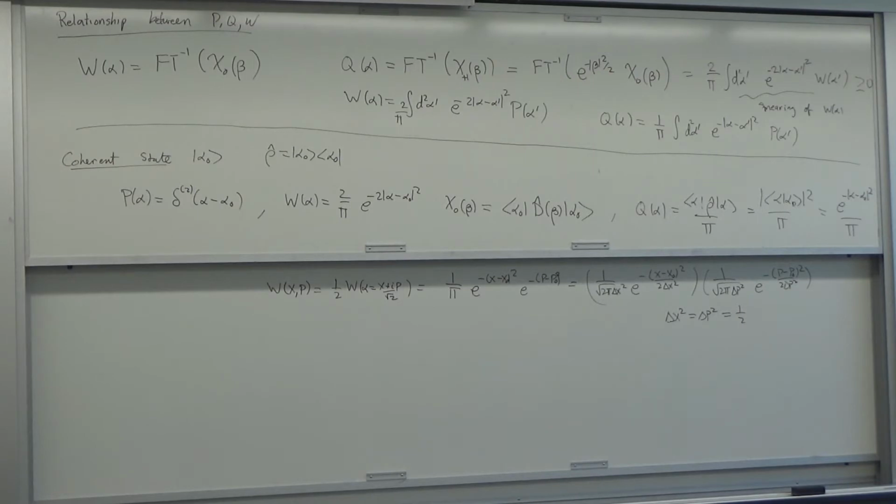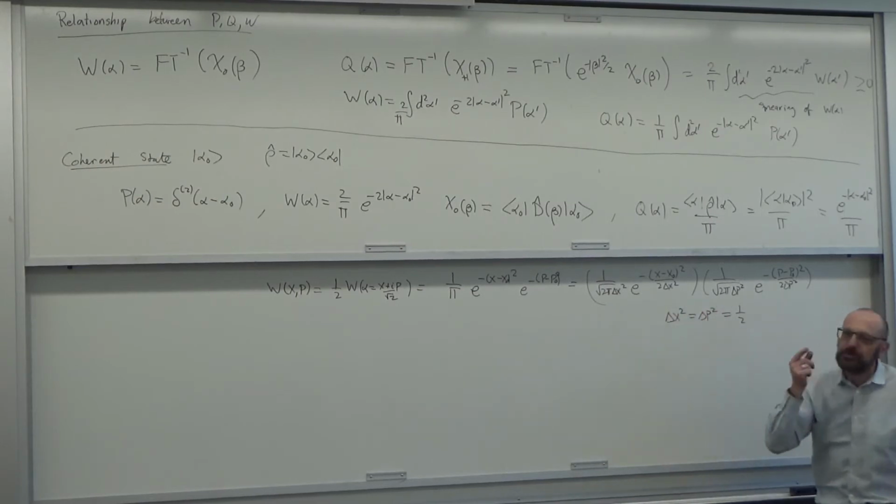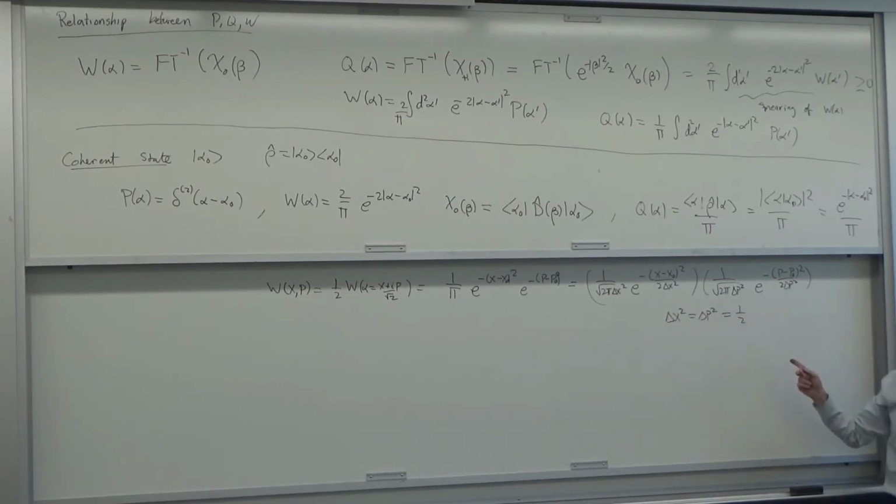So what is that? That's a two-dimensional Gaussian where there is a variance in x that's equal to the variance in p, which is equal to a half.